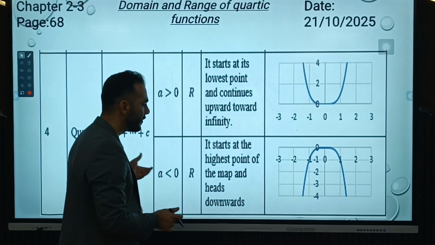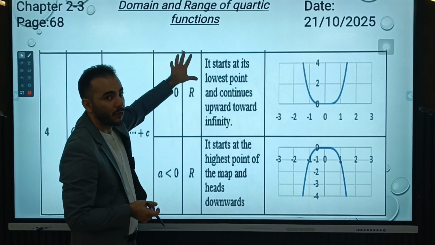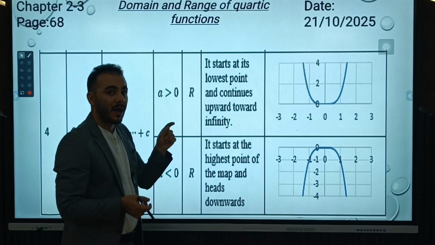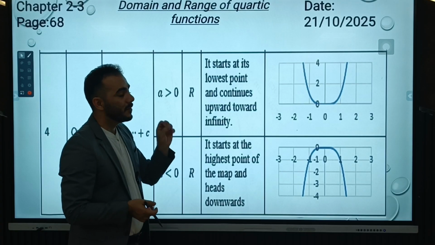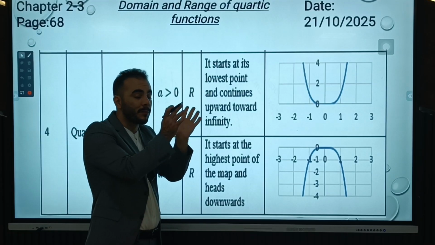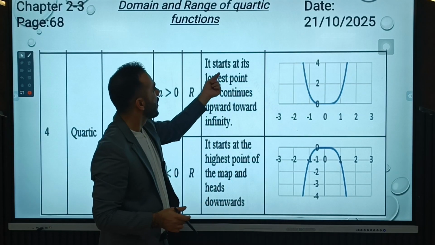So we said that the domain of a quartic function, just like a quadratic function, is all the real numbers, but the range depends on the function. When it opens up, just like this graph, it starts at its lowest point and continues upwards toward infinity.